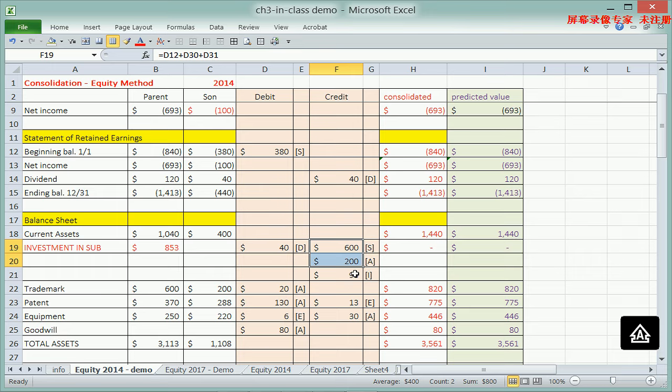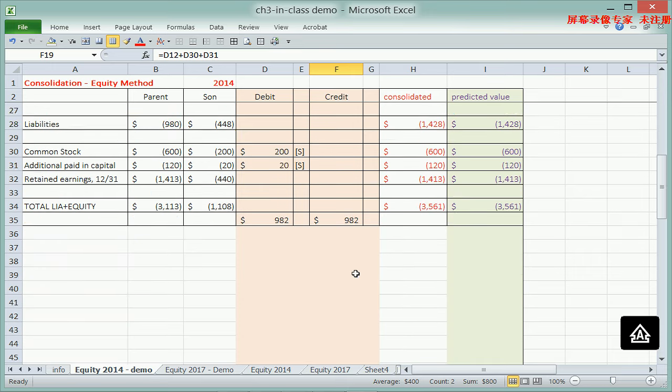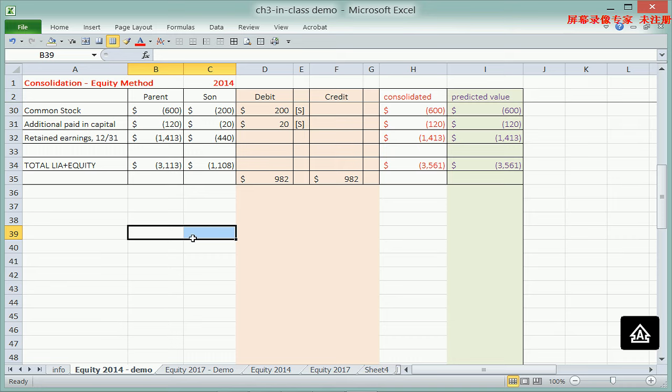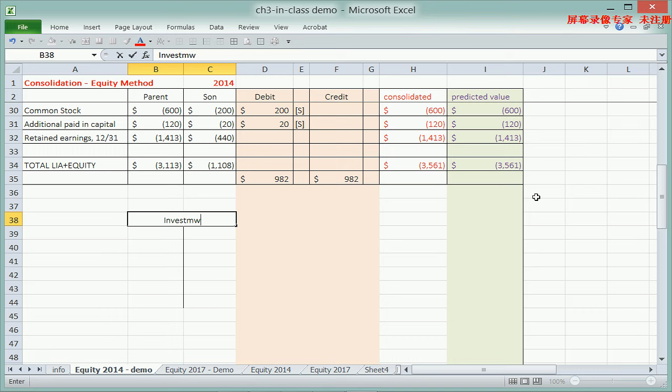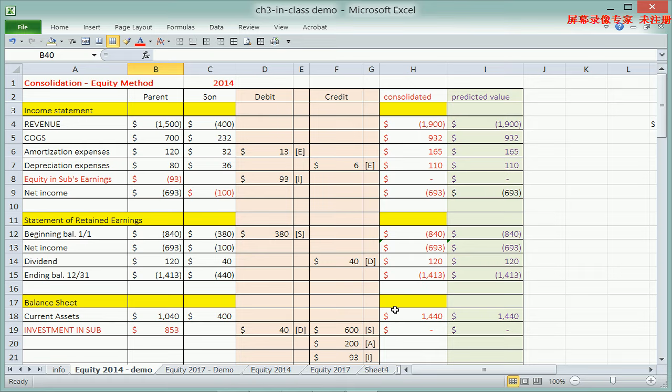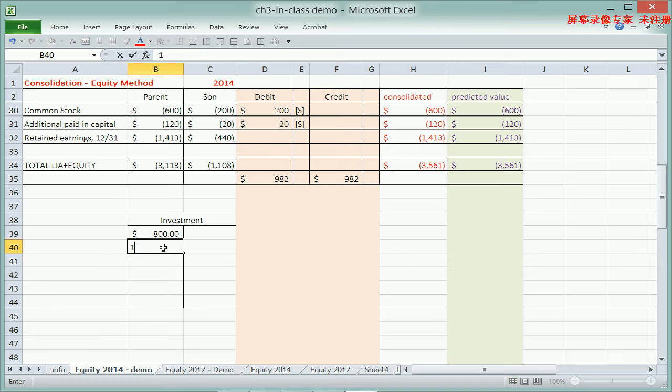Now, when time passed, I can draw an investment account here, just to show how it works. So this is our investment account. And we paid $800,000 at the beginning, right? Later, when the subsidiary announced earnings, the parent increases the investment account with the subsidiary's net income, so it's $100,000.